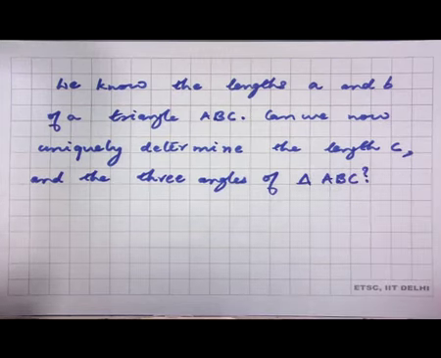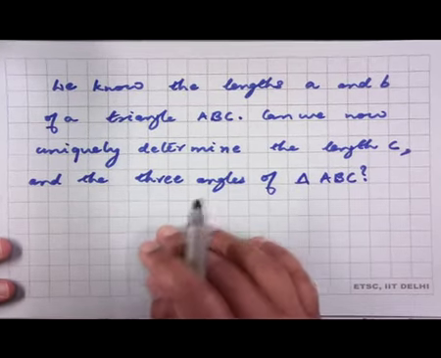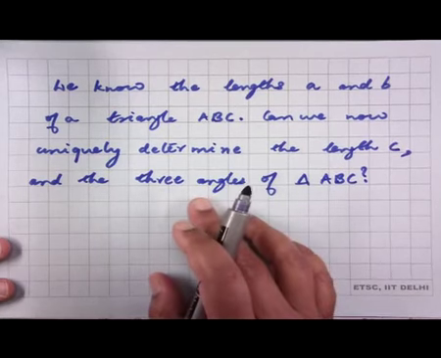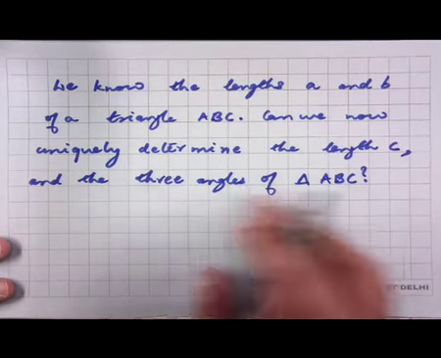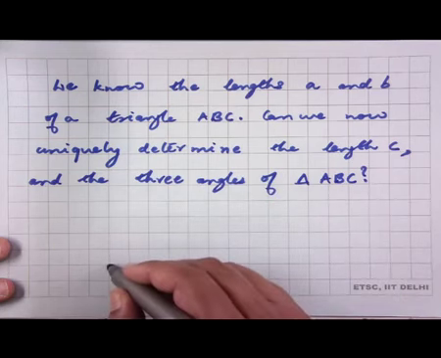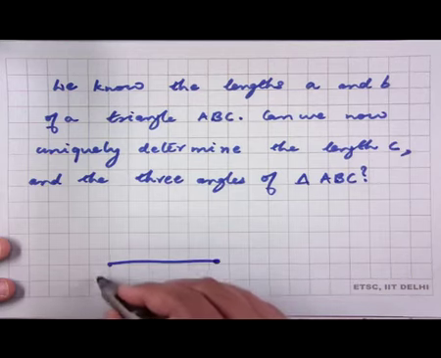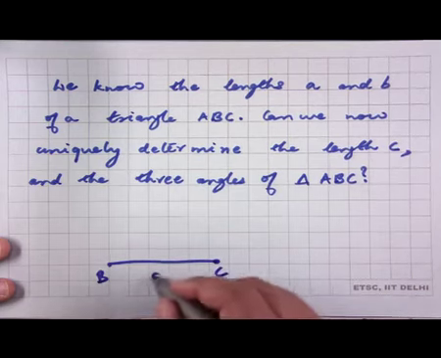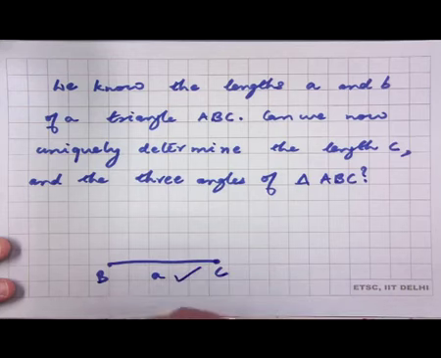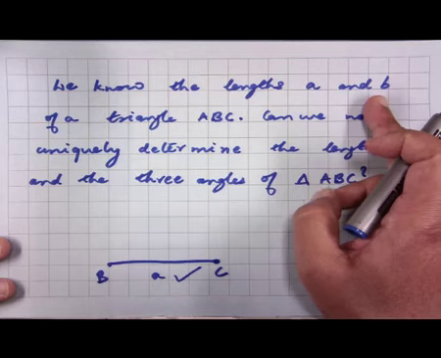Of course, even a high school student can see that we cannot uniquely determine the triangle ABC. Let us say this is the side BC of length A. So, this is known to us, and the only other thing known is the length of the side opposite to angle B, which is the side AC.